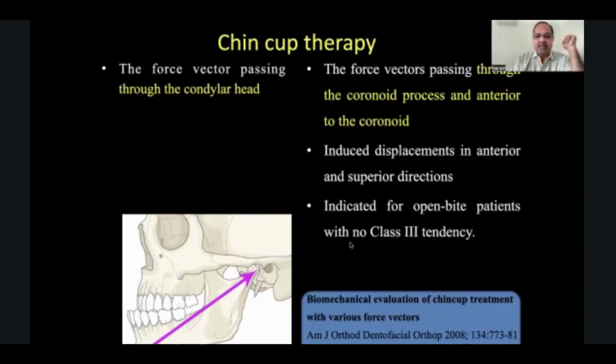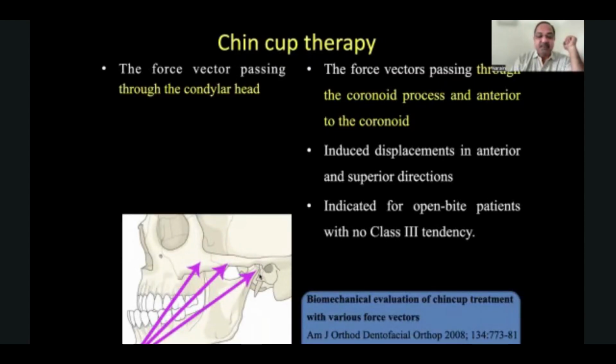So when you have an open bite tendency, you need to pass the forces anterior to the condyle, that is through or anterior to the coronoid. So that will give you an anti-clockwise movement.